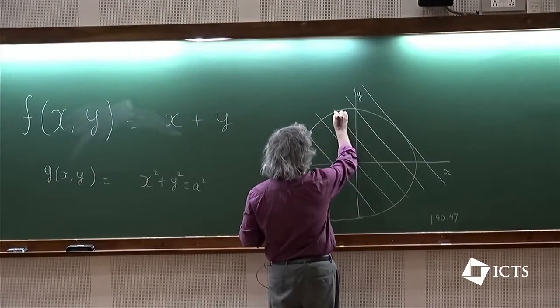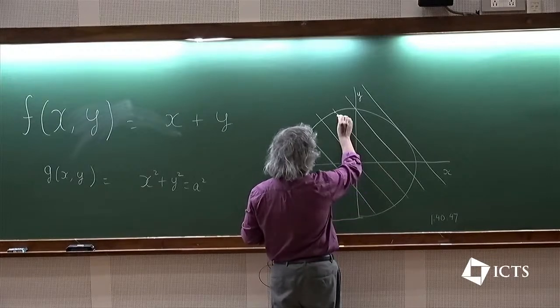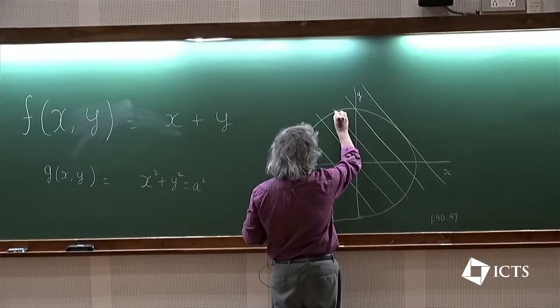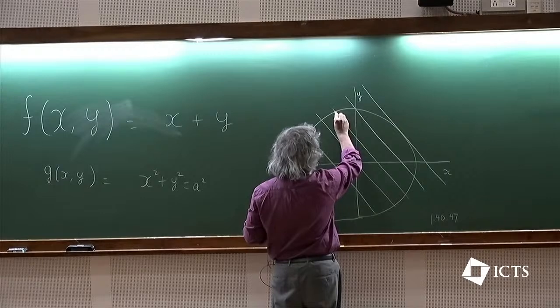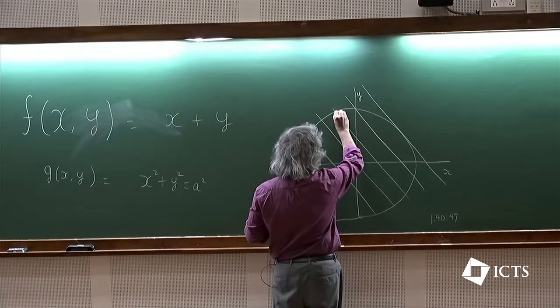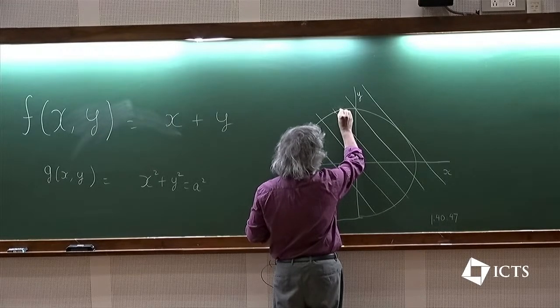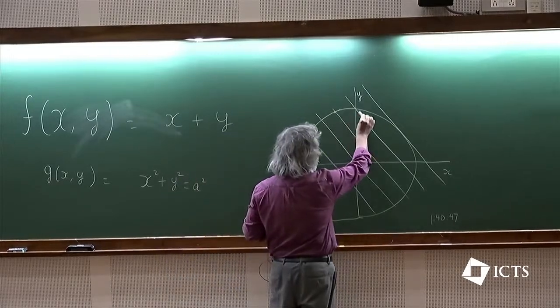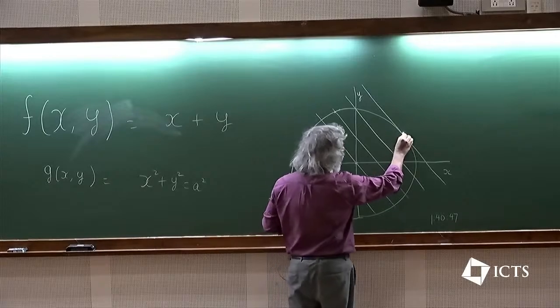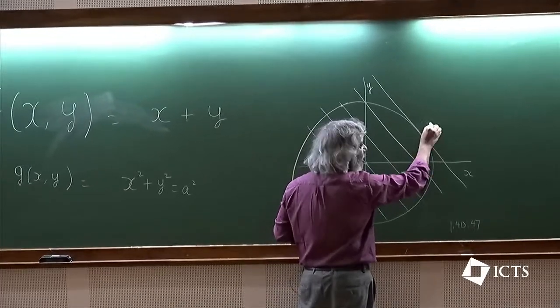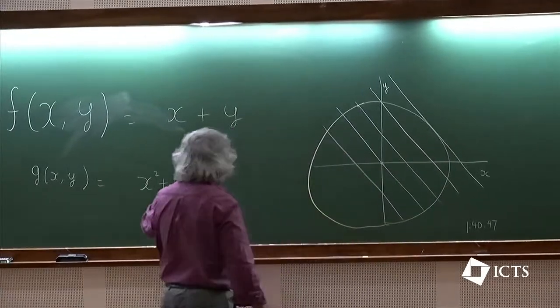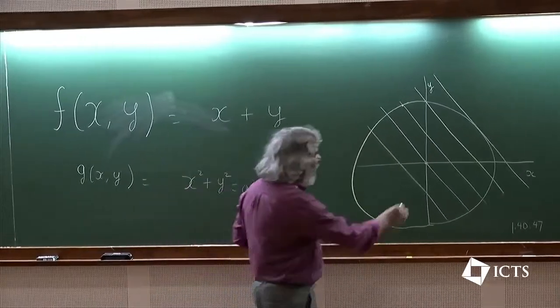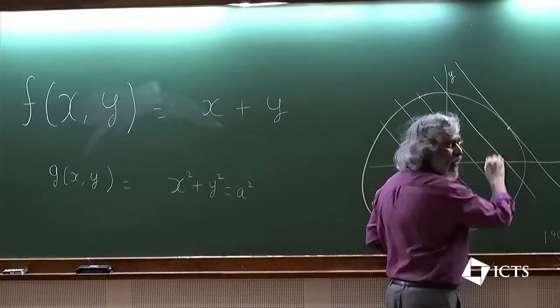So if I choose this point as my maximum, it's not a maximum because I can further increase f without increasing g by simply going along this curve. Right? So I can keep increasing f until I come to this point where increasing f also means increasing g and violating the second condition. So this is the point which is the maximum.